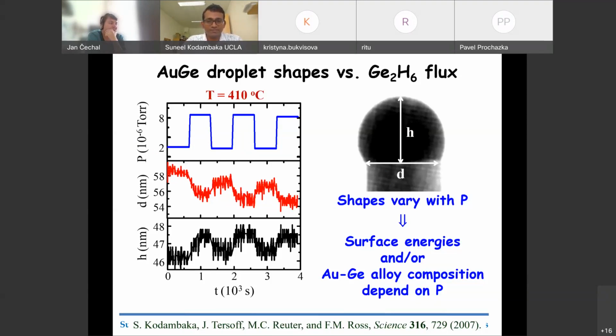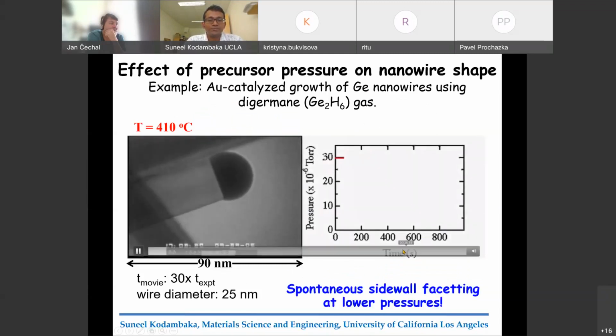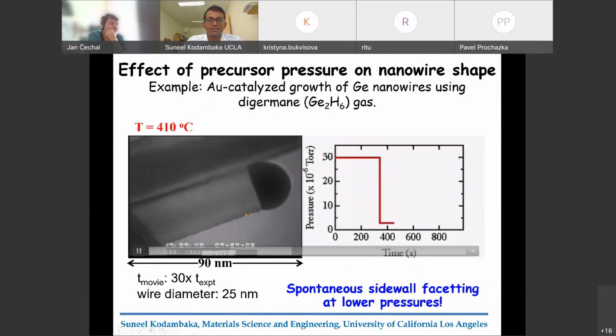And here is an experiment where we changed the pressure and we watched the growth of the nanowire. So initially there is a high amount of digermane. And as you drop the digermane flux, watch what happens at the edges of the nanowire. It starts faceting and it forms this highly corrugated surface.